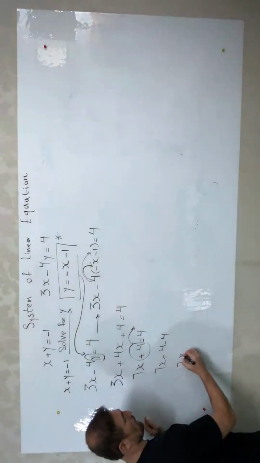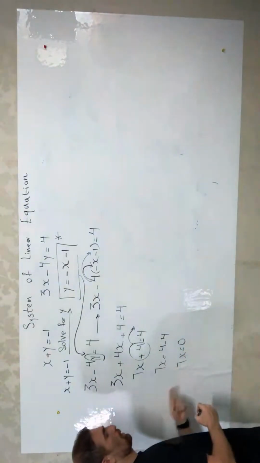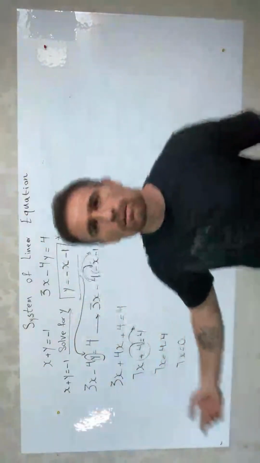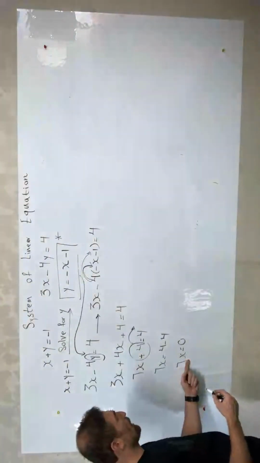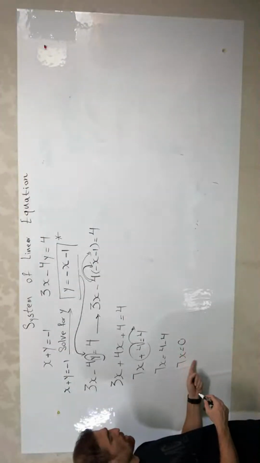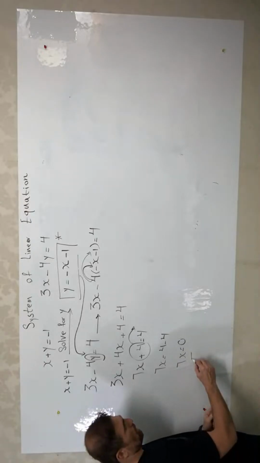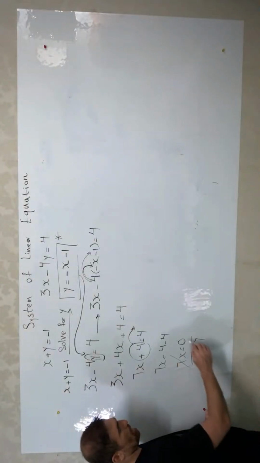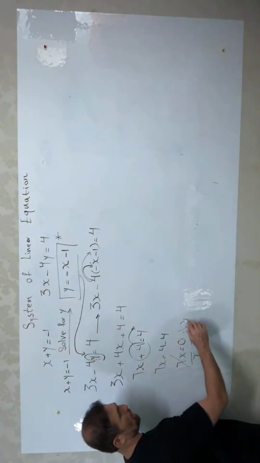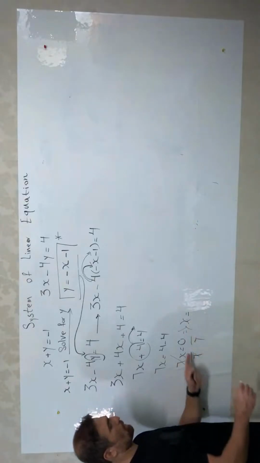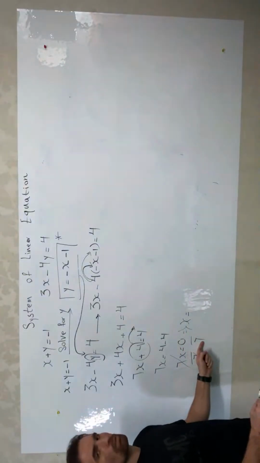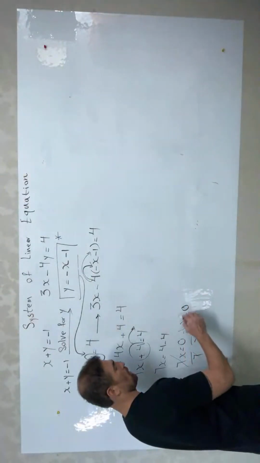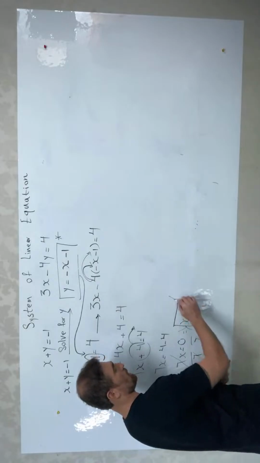So 7x equals 0. What is the value of x? To find the value of x, we need to divide both sides by the coefficient of x. Divide by 7, divide by 7. This 7 cancels off, so the left side is x. Now tell me, what is 0 over 7? Do not forget, 0 over a number is always 0. So this is the value of x.